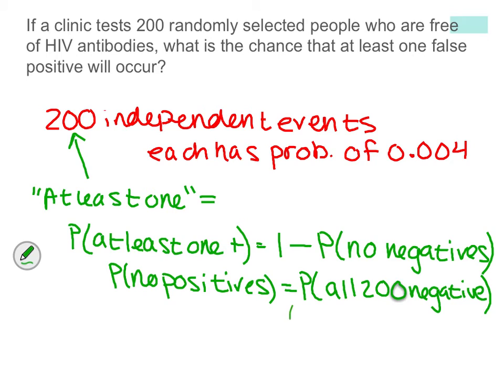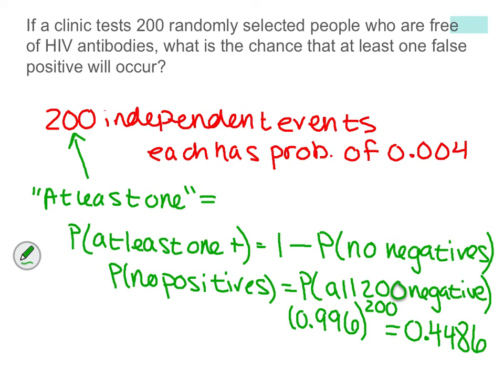That's 0.996 times 0.996 times 0.996, 200 times, so to the 200th power, which is going to give me 0.4486.